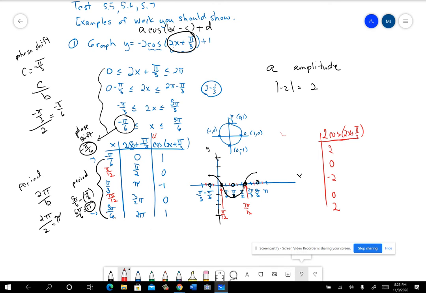I could graph that and it would just stretch every point so that it was 2 times as far away from the x-axis. Now this particular one had a negative in front of it. So that meant it was going to wind up also flipping everything across the x-axis. I think it works well to go ahead and do both of those at the same time.